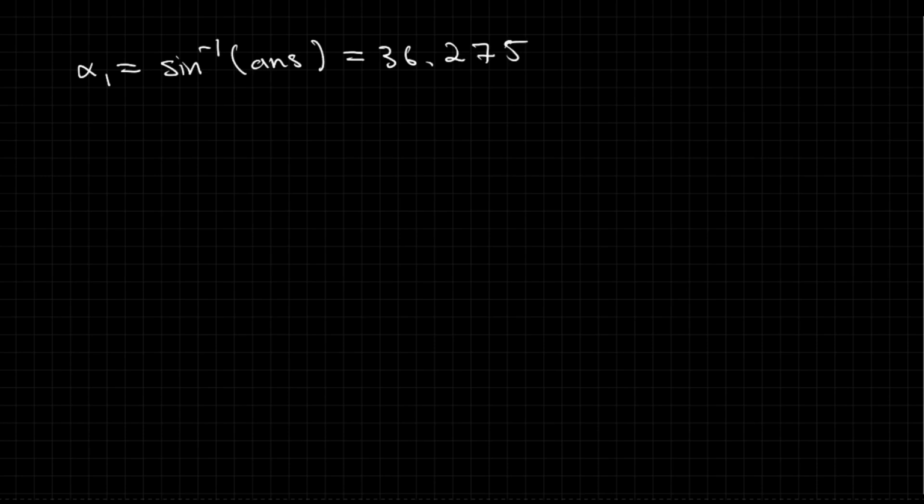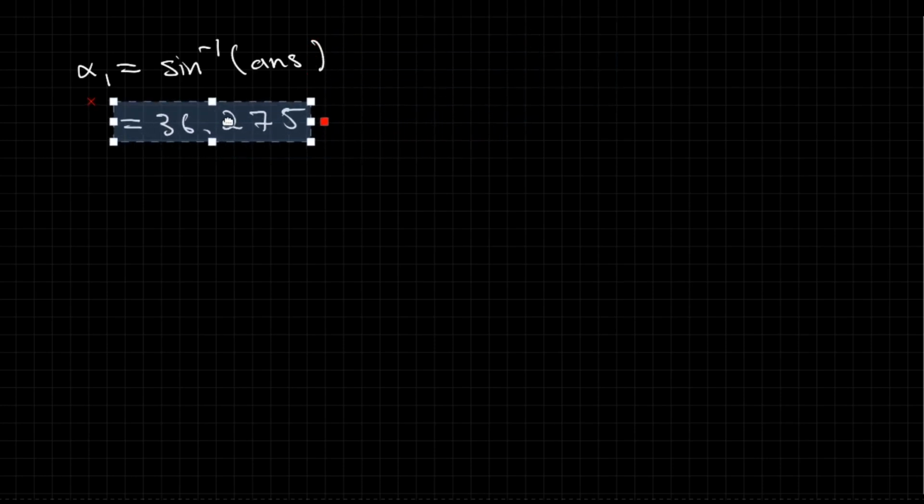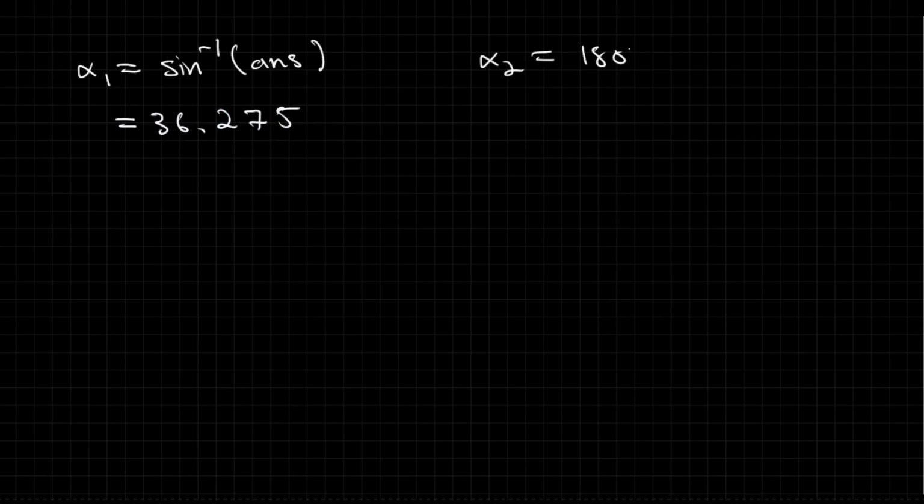I'm going to give myself some room on the right hand side here. I'm going to copy this and move this because we have a second solution, alpha 2, which is 180 degrees minus alpha 1. And so this is going to be 143.725. And both of these are in degrees.